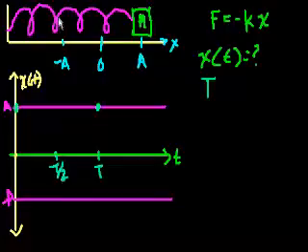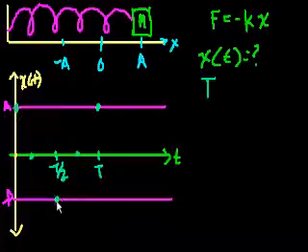Well, at T over 2, the block's going to be here. It will have compressed all the way over here. And then at the points in between, it will be at x equals 0. It'll be there and there. Hopefully that makes sense.